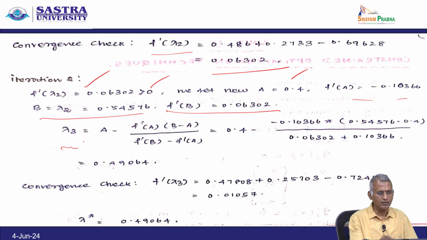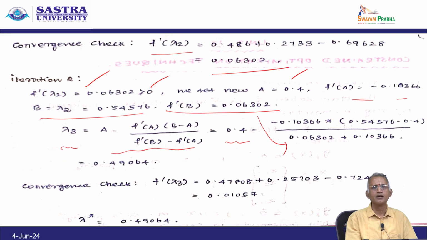Therefore, lambda 3 equal to A minus f dash of A into B minus A by f dash of B minus f dash of A. So A equal to 0.4 and f dash of A is minus 0.10366 into B minus A by f dash of B found out, substitute, and then f dash of A found out, substitute it.